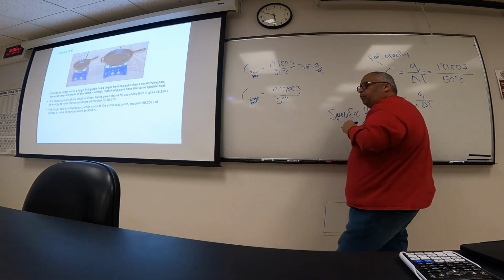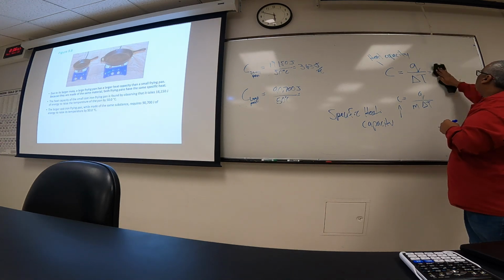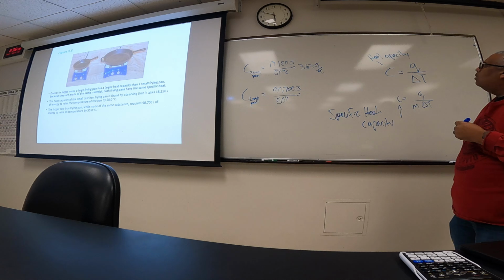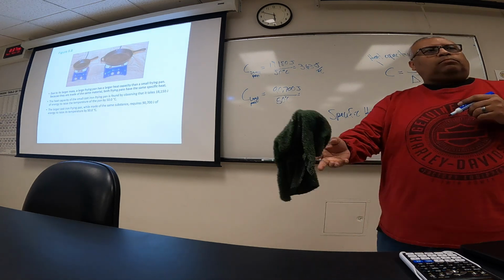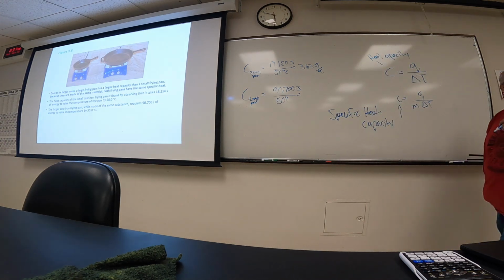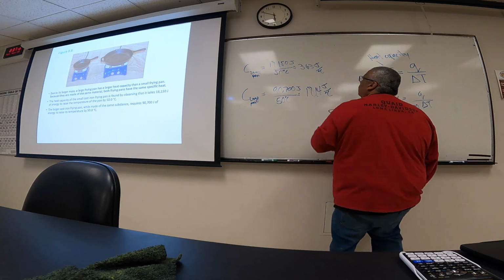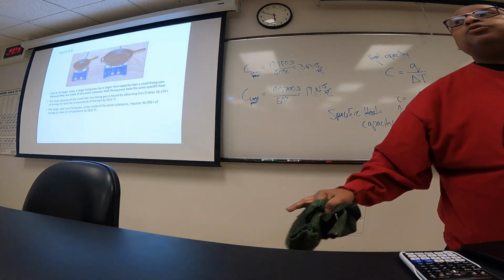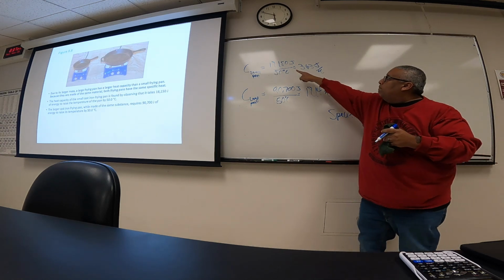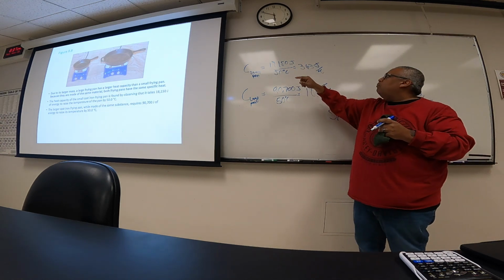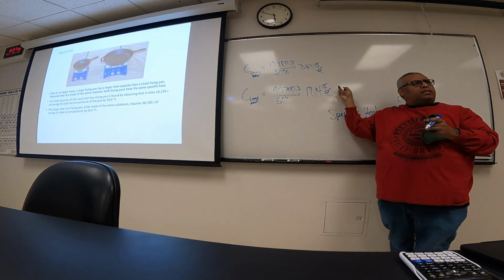And for the large pan, what is it? 1840. So we can see that is true. As far as heat capacity goes, it is an extensive property. The small pan versus the large pan has a larger heat capacity.